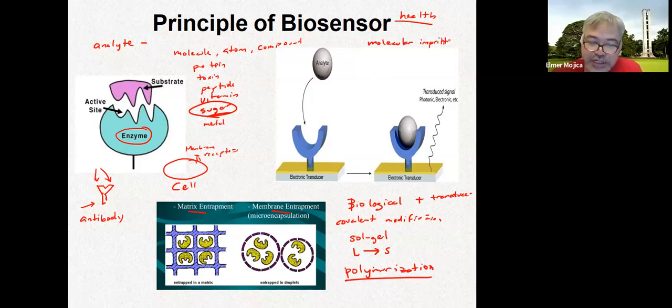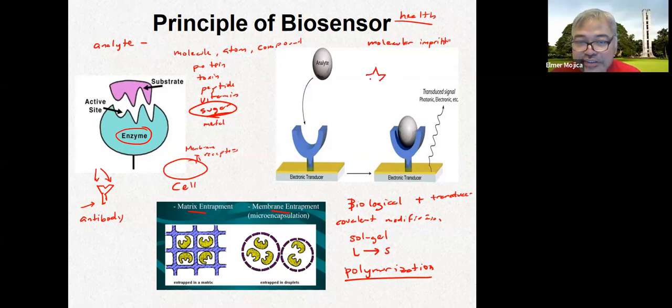They use a polymer if it's an organic base, or they use a sol gel if it is an inorganic base. So what they do, they allow the polymerization to occur, and what happens is you put a target analyte there, and what you do is you remove them. So if you remove your target analyte, parang magkakaroon siya ng imprint.